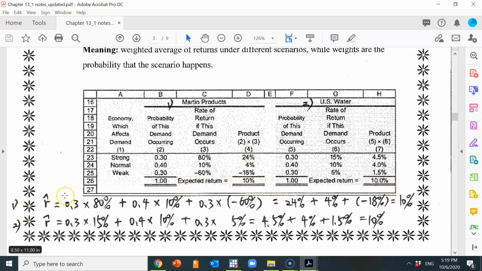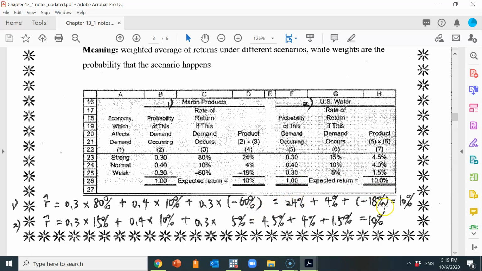Okay, for the first firm, Martin Products, the expected return R hat would be the probability of a strong economy, 0.3, multiplied by its return in the strong economy, 80%, plus the probability of a normal economy, 0.4, multiplied by the rate of return in a normal economy, 10%, plus 0.3, the probability of a weak economy, multiplied by negative 60%, the rate of return in a weak economy.